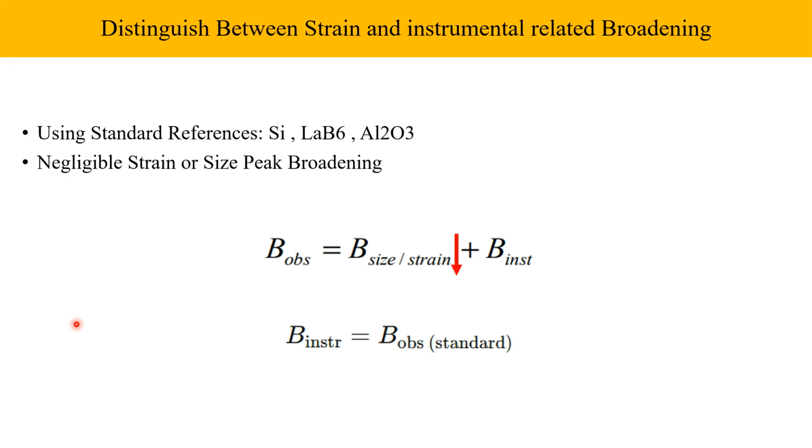So by reducing the importance of size or strain-related broadening, we can see that the broadening related to the instrument is equal to our observed broadening. So if we want to observe the instrument-related broadening, we can use standard references like, as you can see, silicon, aluminum oxide, or lanthanum hexaboride.